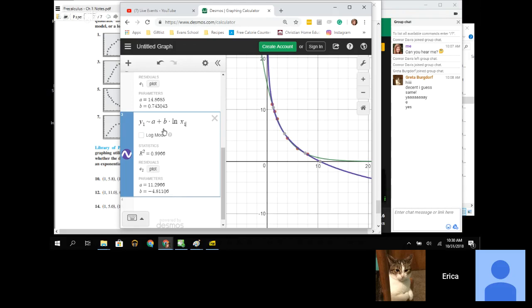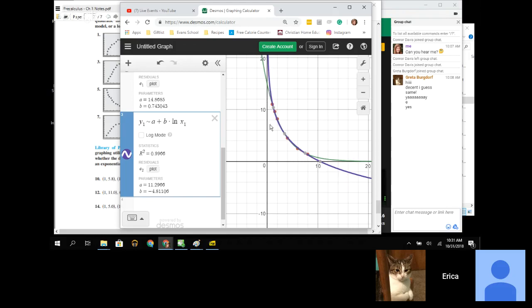And I model it. We actually get a pretty decent regression for those data points, right? So you get a coefficient of determination of 99.66, and then you see what your A and B would have to be to get that. So this is your purple curve, okay?